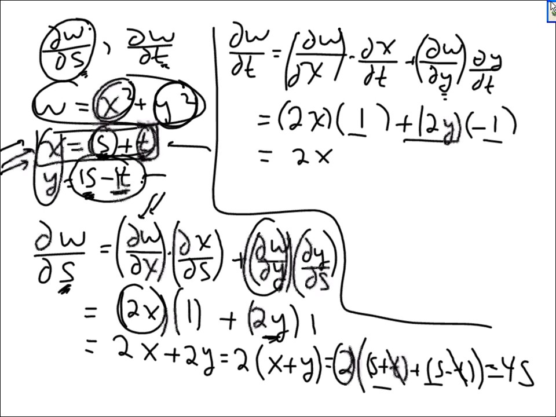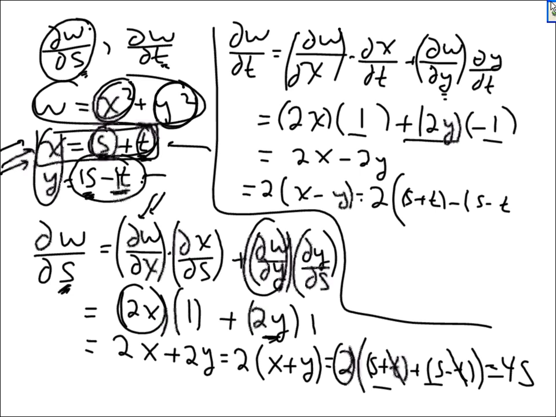Positive 2x, and 2y times negative 1 is minus 2y. You factor out the 2, you get x take away y. But x is s plus t minus y, s minus t. You have s and you take away s, you have 0 s's. But if you have t and you take away negative t, you have 2 t's.